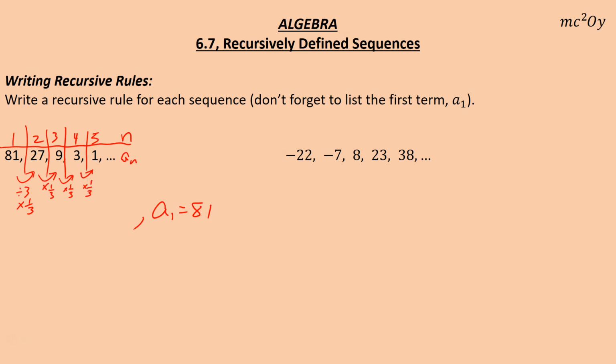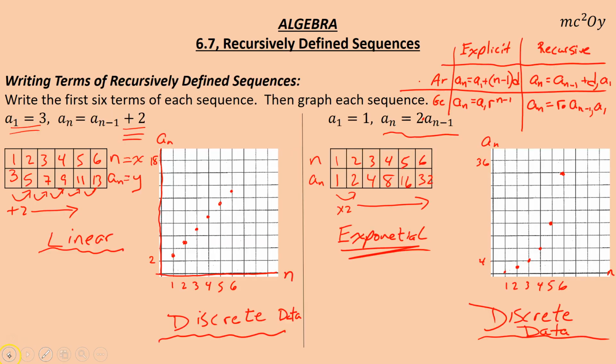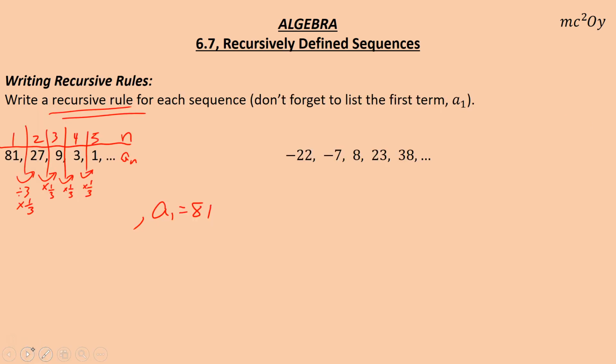All right, so what does that mean if we're writing a recursive rule? Well, recall our recursive rules, once again, always good to have them written on top of your paper. I'm not going to rewrite them again here, but glance back at our previous slide. Our recursive rule, a sub n is equal to r times a sub n minus 1. So we just started out, a sub n is equal to r.